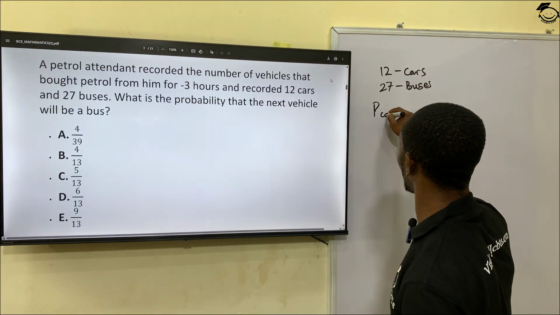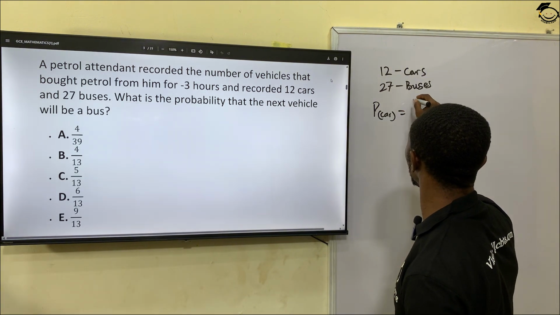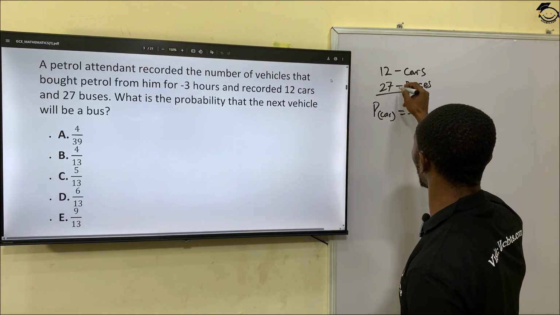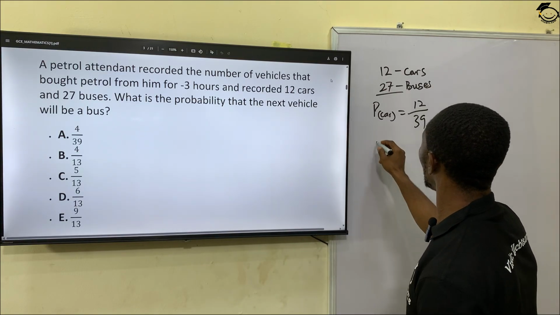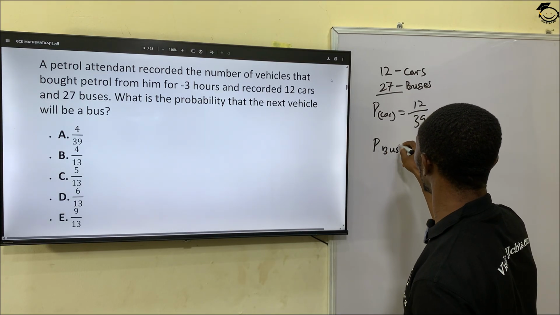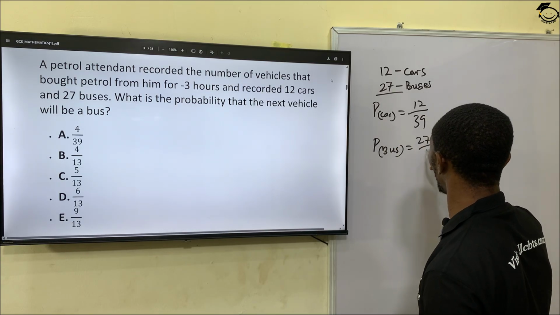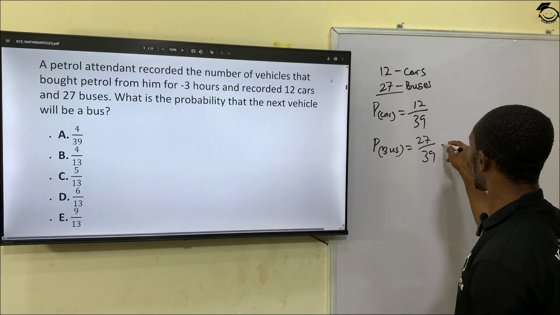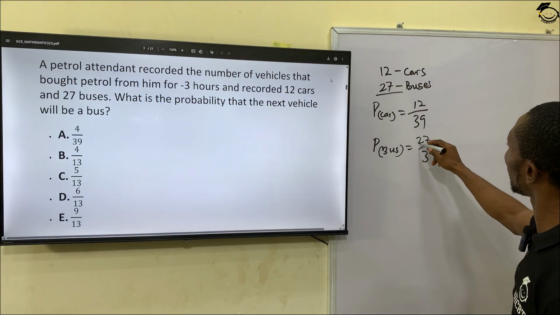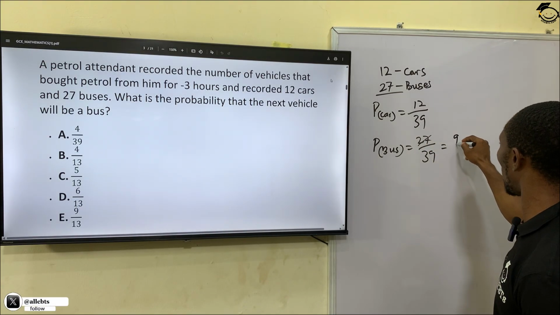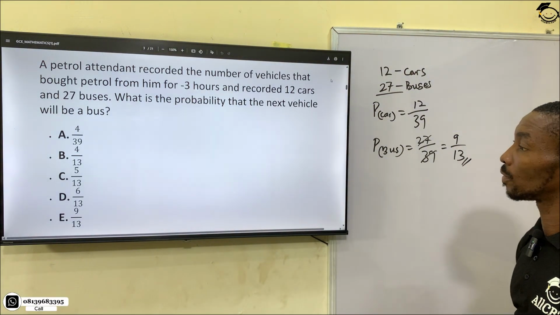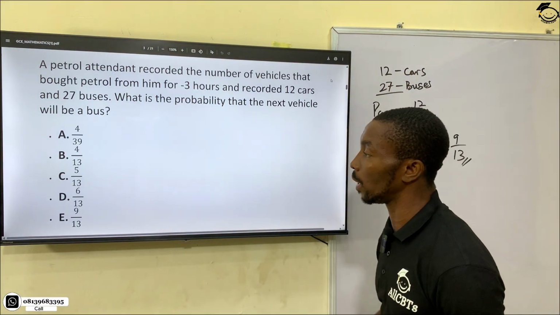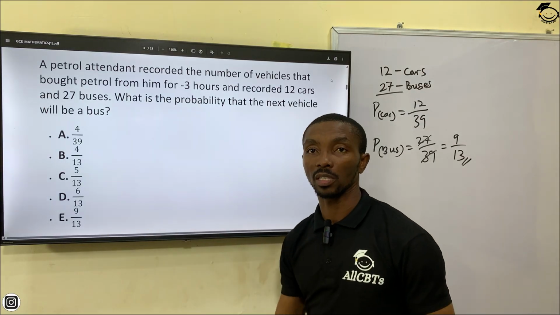Now, the probability of car equals 12 over our total number of vehicles, which will be 39. Now, the probability of buses would be 27 over 39. When broken down to its lowest term, we divide by 3 to get 9 over 13. So the probability that the next vehicle would be a bus would be 9 over 13.